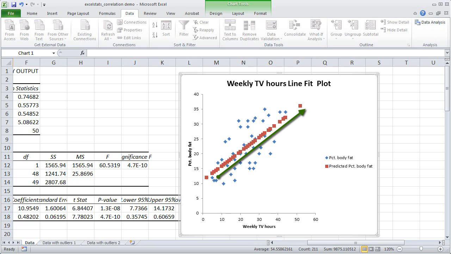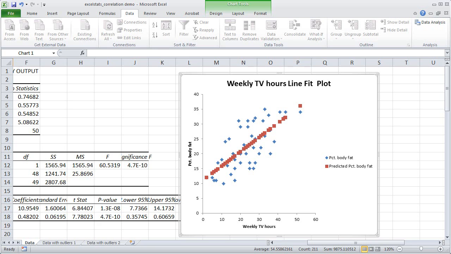The red dots, which are on a line, form a line that you might think of as the trend line. Statisticians would call it the regression line. Basically it's the one line that you could draw through all of the blue dots that is simultaneously as close as possible to each one of the blue dots. So it kind of represents the whole group of blue dots.